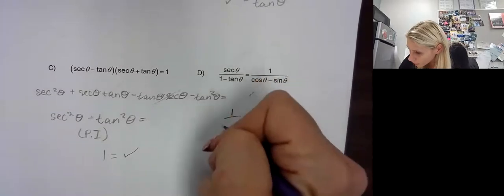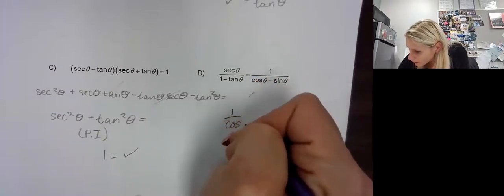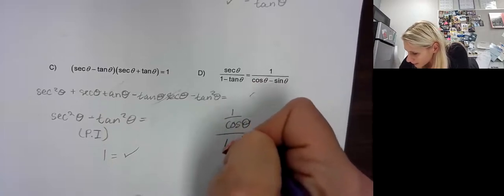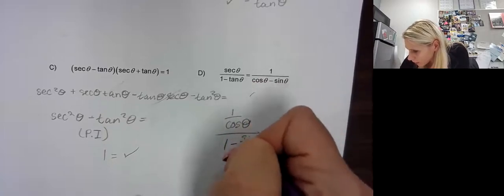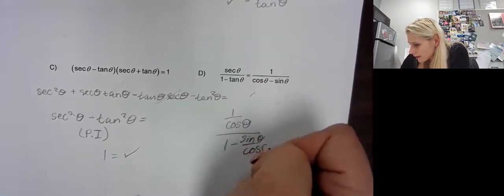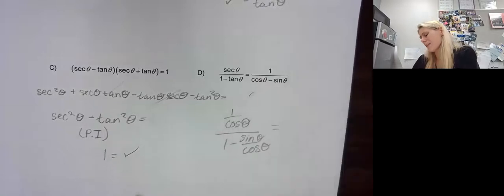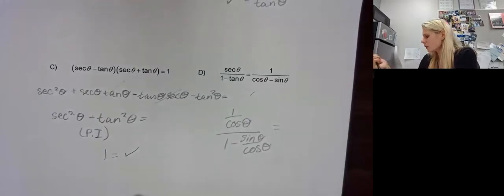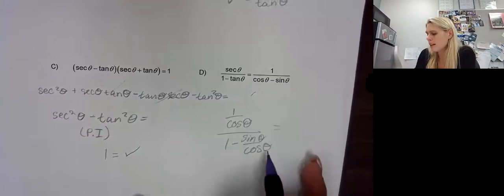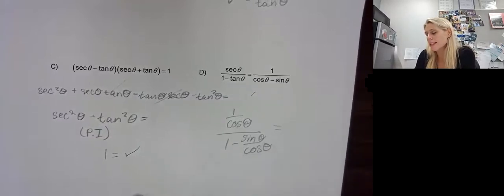So 1 over cosine theta all over 1 minus sine over cosine. Now my next move here, I look at this and I'm like, wow, there are too many fractions within fractions. So let me get rid of that.